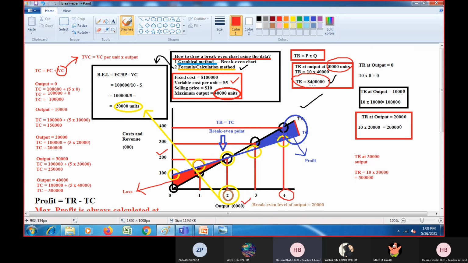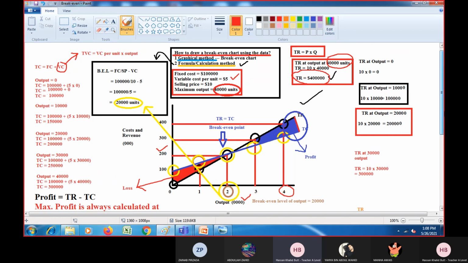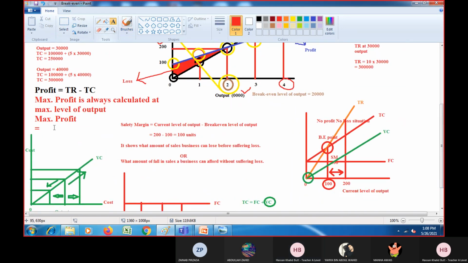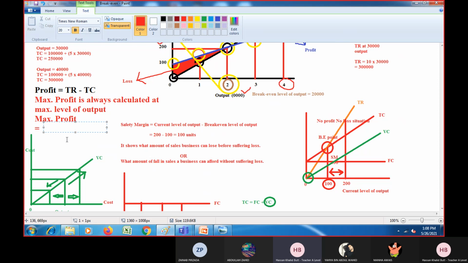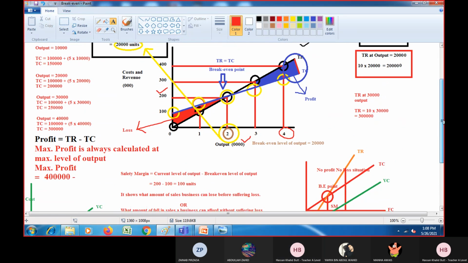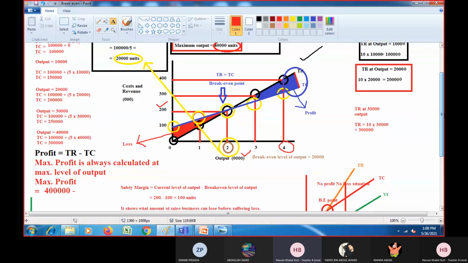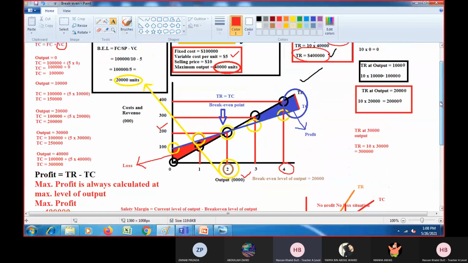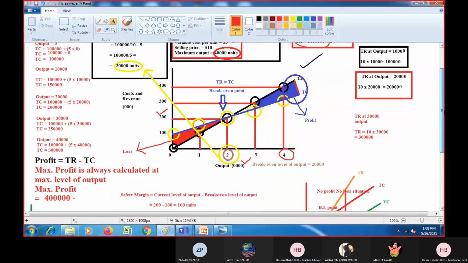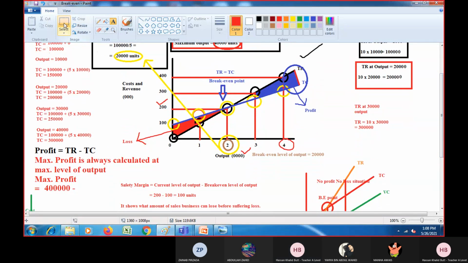So what is the total revenue? 400,000. So we'll use it there in the formula. So this is 400 thousand minus total cost. Again, we'll take the total cost at the maximum level of output. Let's see what our total cost at the maximum level is. Have we calculated it? Yes, we did that earlier. This is output at 40,000.